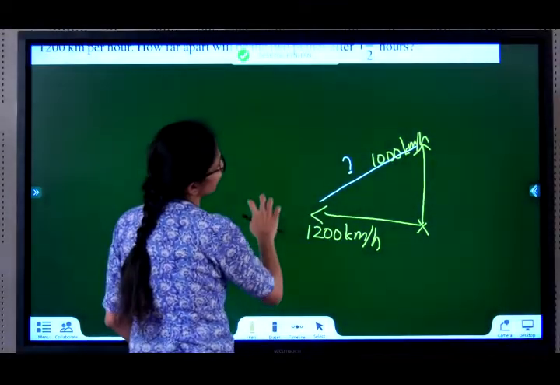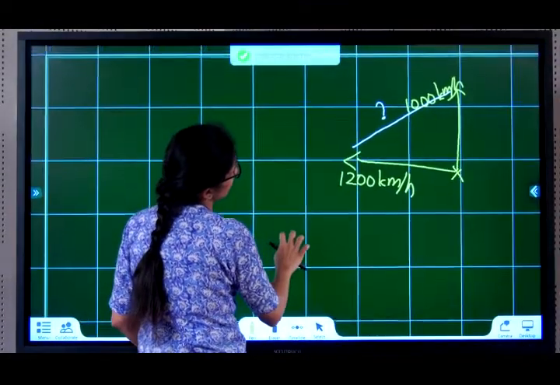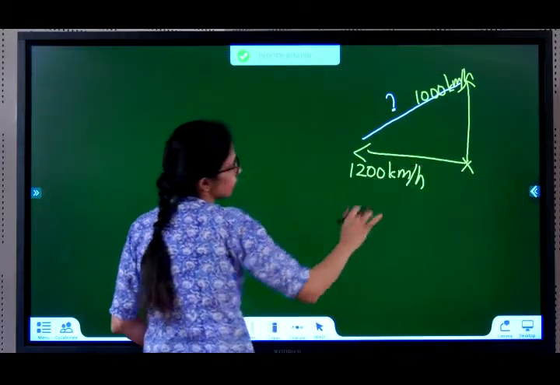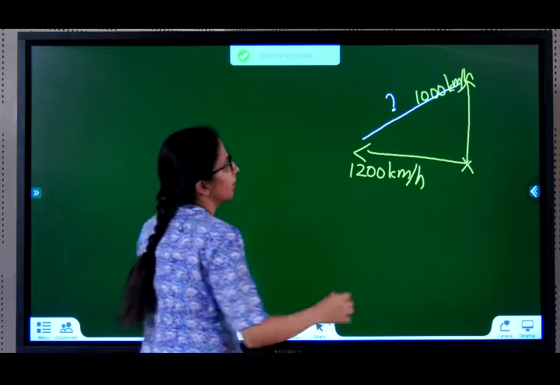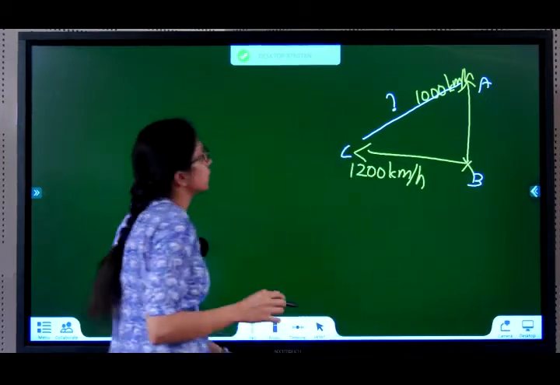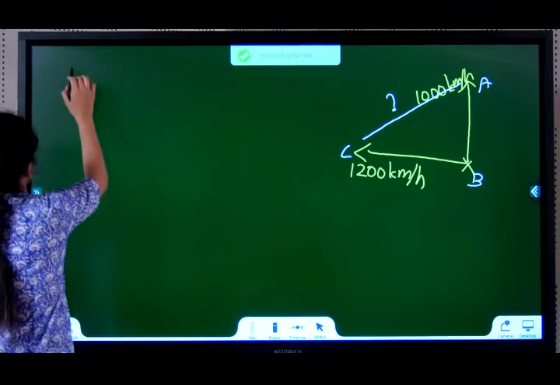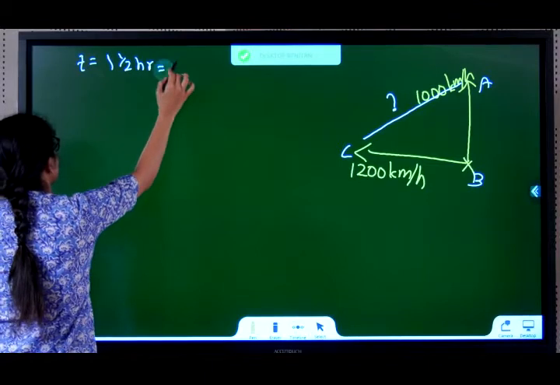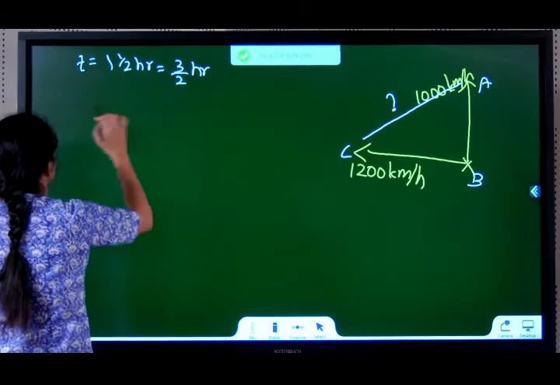So we don't need only speed, we need the distance. We want to see the distance traveled by aeroplane 1 and the distance traveled by aeroplane 2. Let's call this A, B, C. Distance traveled by aeroplane 1, time given is 1.5 hours, that is 3/2 hour.